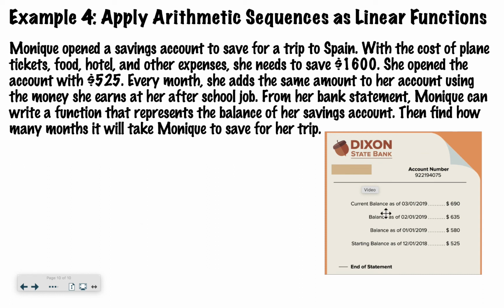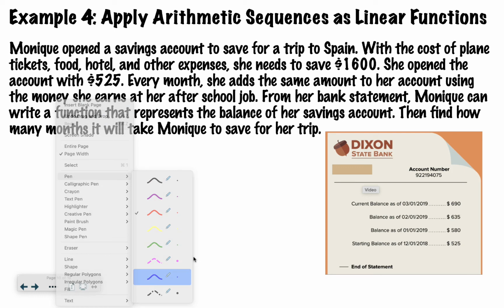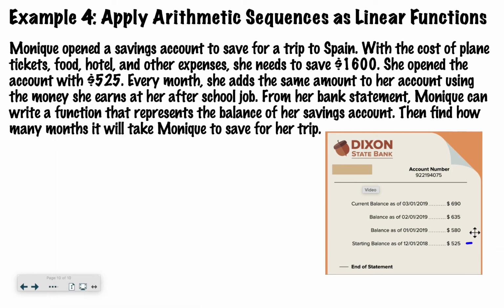Okay, so if we look at this screenshot, we have a picture of Monique's bank statement. Okay, so if we look, we can see that she started with $525, and then the next month she had $580. So that's an increase of $55.